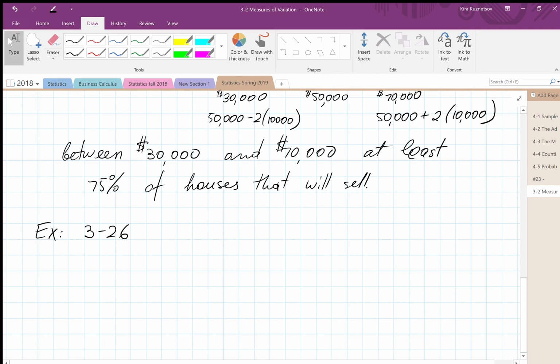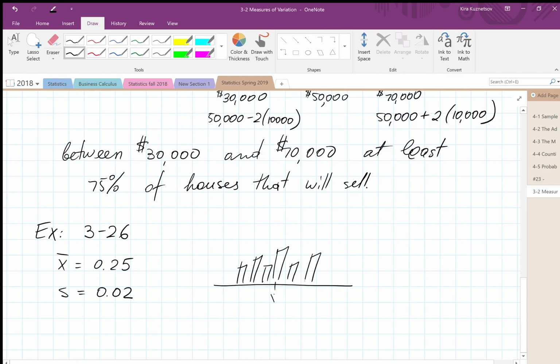So let me start labeling stuff. A survey of local companies found that the mean was 0.25, so that's what I'll write. Standard deviation was 2 cents. We do want to use Chebyshev's theorem, so I'll draw a little graph to represent some kind of distribution. I have my x bar, which is 0.25.